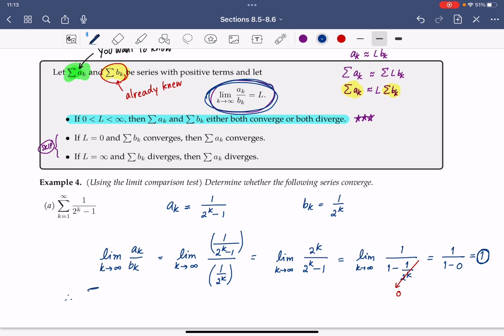The conclusion is sum a_k and sum b_k have the same pattern of convergence.